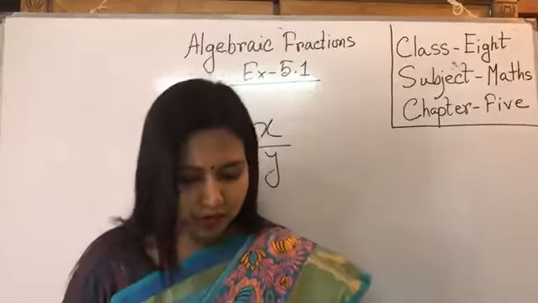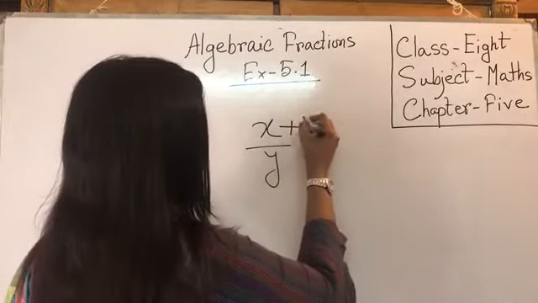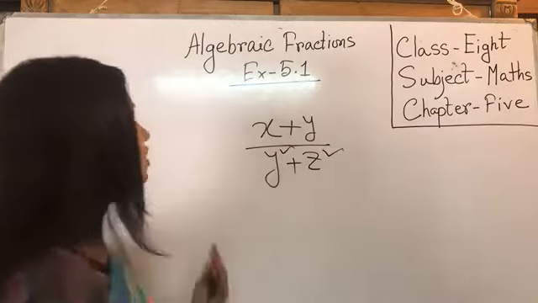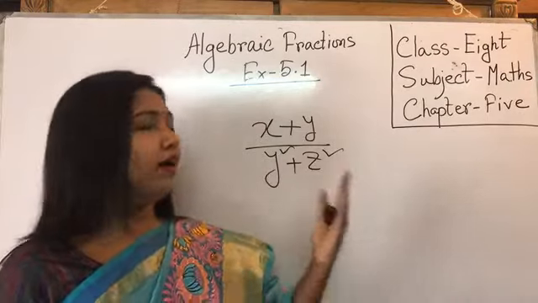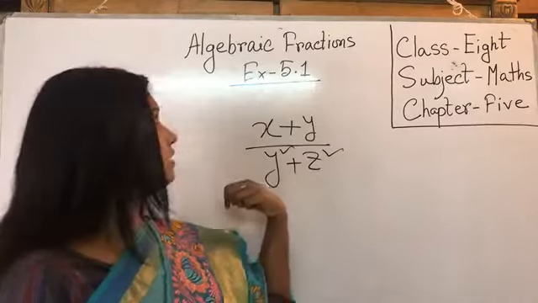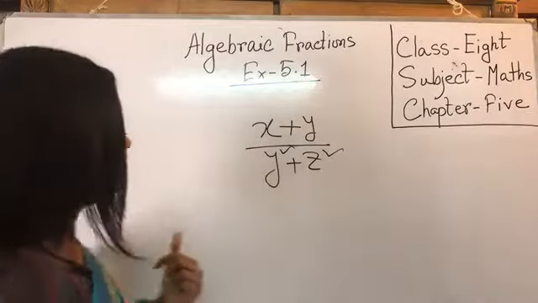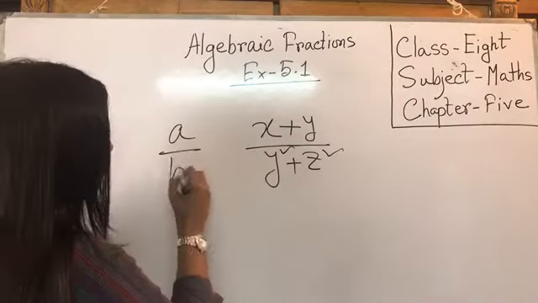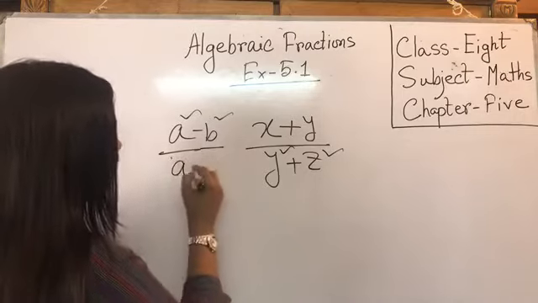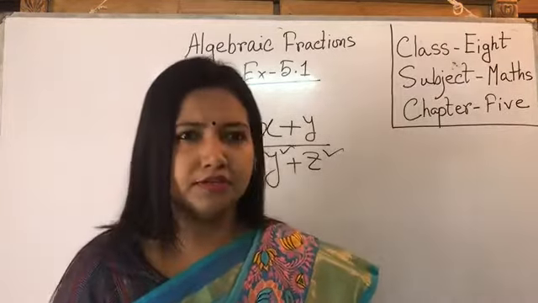Not only x, y, you can write x plus y, or y square plus z square. This is also an algebraic fraction. If a numerator and a denominator exist, then we can call them algebraic fractions. We can write a divided by b, a square minus b square, a divided by minus b, which is also an algebraic fraction. I think you know it very well.